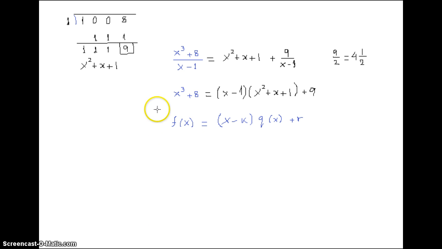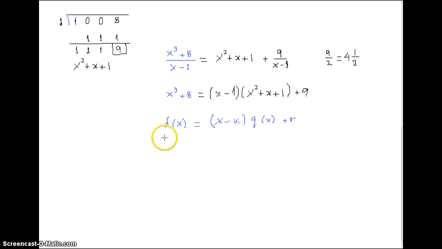For any polynomial f of x and any complex number k, there exists a unique polynomial q of x and number r such that f of x will be a product of x minus k and q of x plus r.